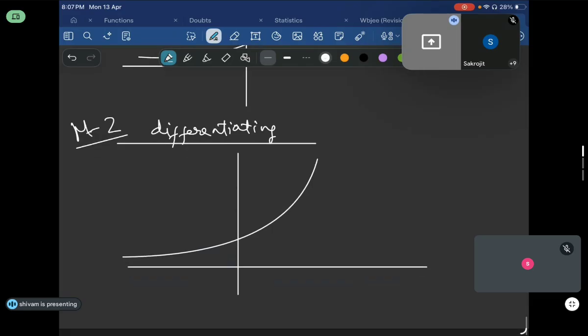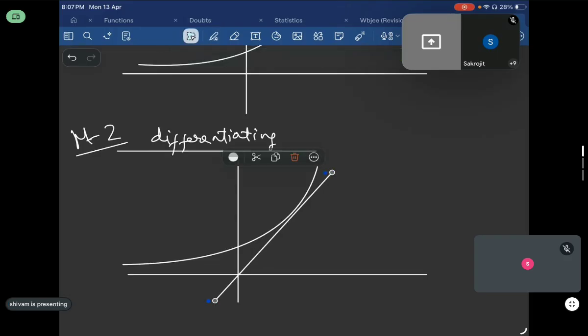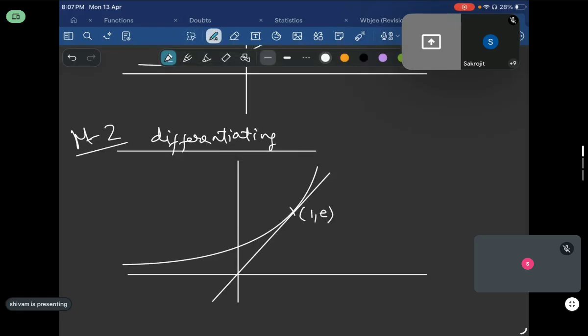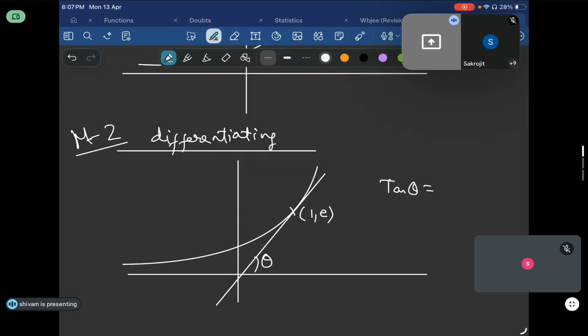If you want to find the slope of the tangent at 1 comma e, let us say this is the tangent at 1 comma e, and this angle is theta. Then tan theta will be equal to dy by dx. So dy by dx will give us the slope of a curve at a particular point.